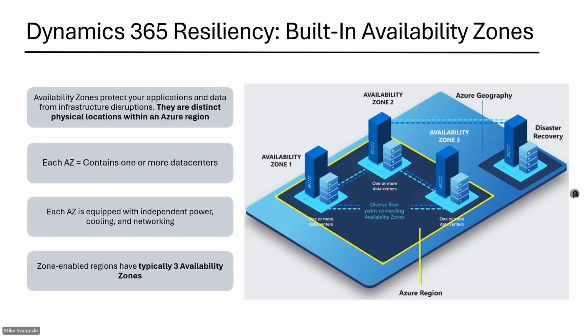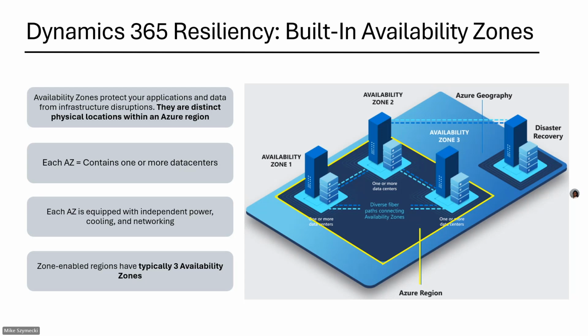Now, as I mentioned earlier, availability zones have their own independent power, cooling, and infrastructure, and they're far enough such that an issue that impacts a zone reduces the likelihood of impacting other zones, but at the same time, they're close enough to have extremely low latency connections to other zones.